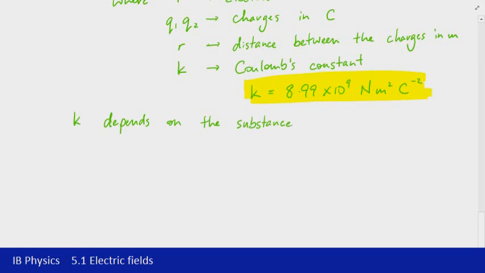Usually I'll go through and explain where the equation comes from, but we're just going to notate it here because it's not something we need to spend a lot of time on. But for a vacuum, the value of K is equal to 1 over 4 pi epsilon naught. So that is the equation that we need to be aware of, and you're probably looking at that and thinking, well, hang on, what's epsilon naught?